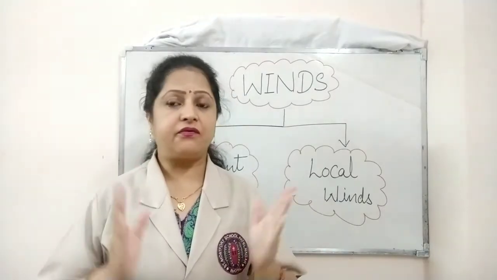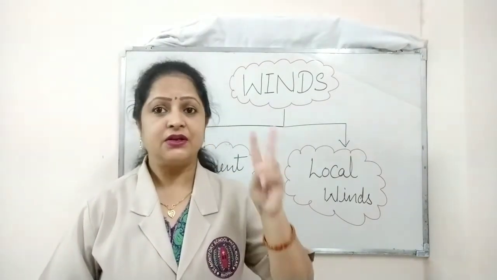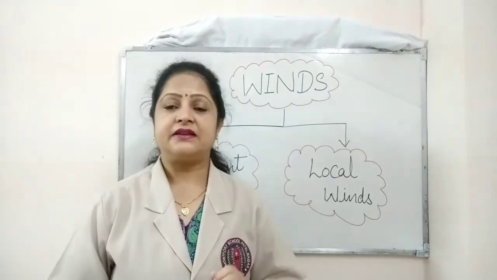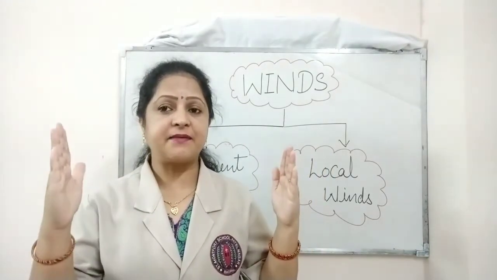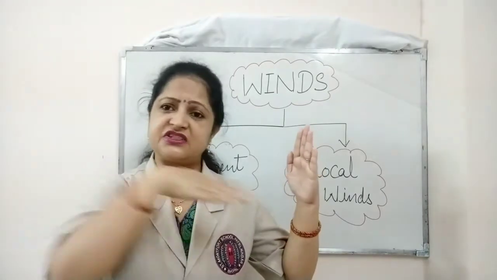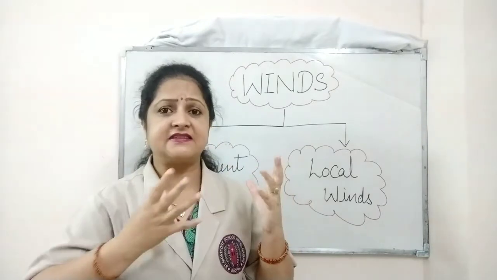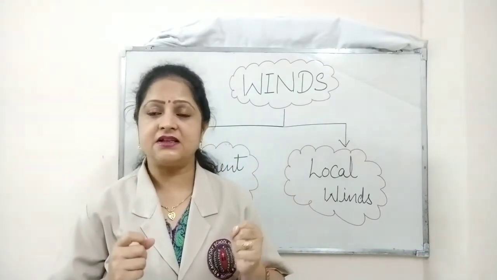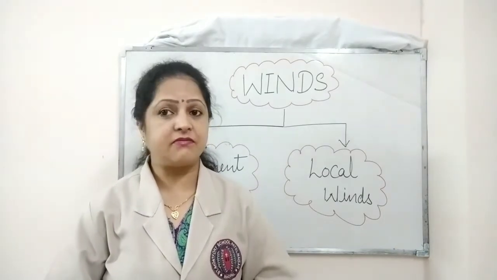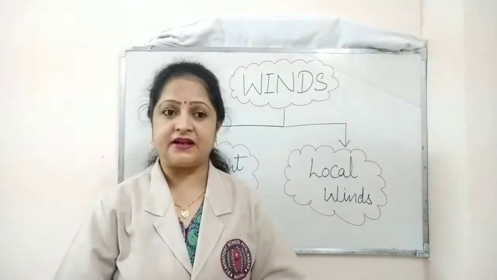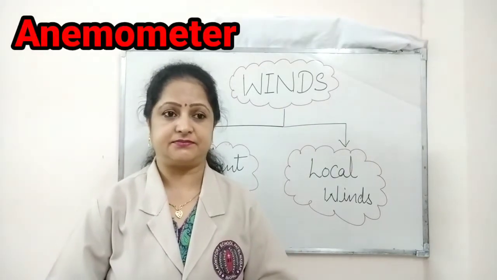The speed of winds depends upon the pressure difference between two regions. If the difference is high, the wind from the high pressure area rushes towards the low pressure area at a great speed, as in a storm. The speed of wind can be measured through an instrument called anemometer.